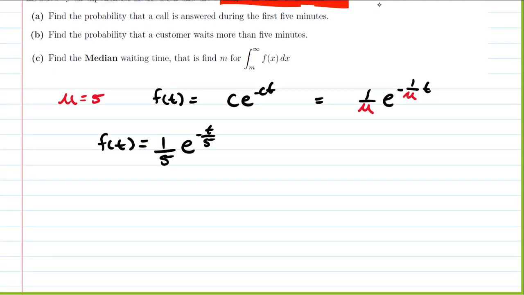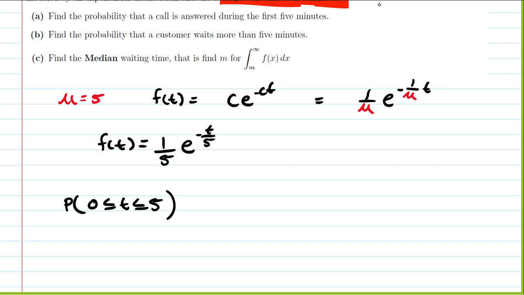Okay, so we want to find the probability that the call is answered in the first 5 minutes. So that's the probability that the time is between 0 and 5, right? Because you can't answer the call before they called, so you can't have negative time.